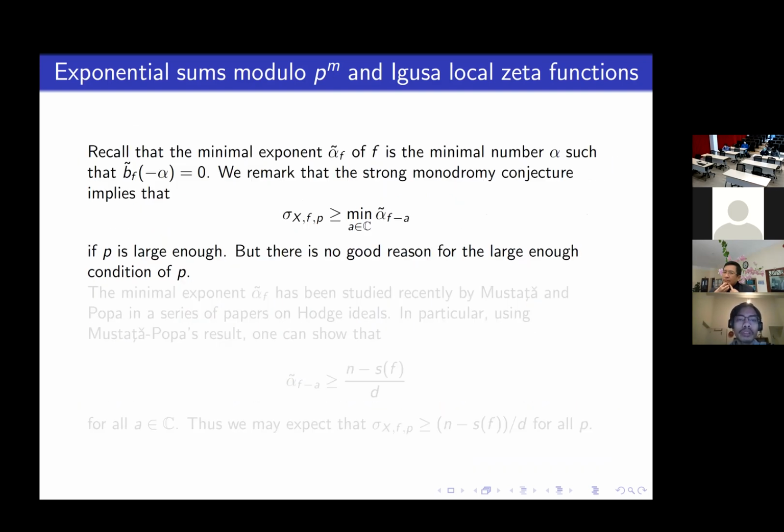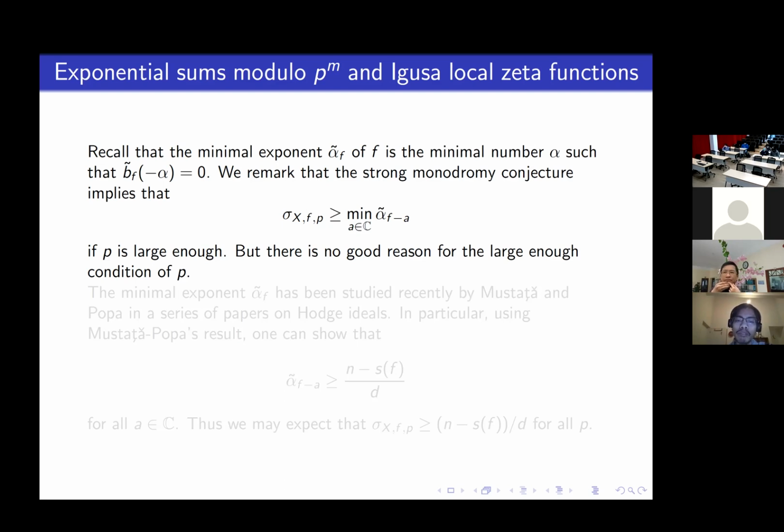We recall that the minimal exponent alpha_f of f is the minimum number alpha such that b_f(-alpha) is a root of b_f. And we remark that the strong monodromy conjecture implies that sigma_{f,p} is at least the minimum over a in C of the minimal exponent of f minus a, if p is large enough.